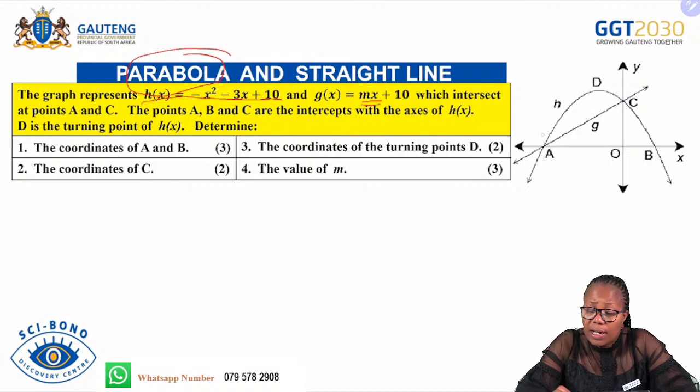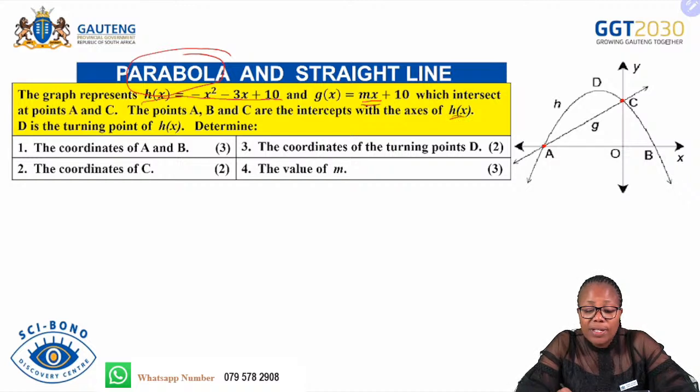Let's look at the diagram now. They are saying they are intersecting at A and C. That is true, as you can see on that particular diagram. Okay, the points A, B, and C are the intercepts with the axes of h(x). What is h(x)? It's a parabola graph, concave down there.